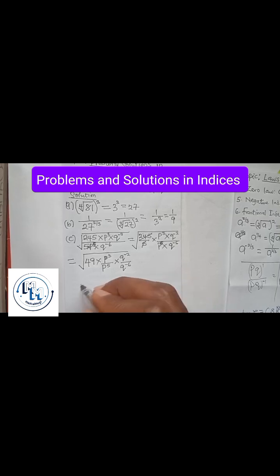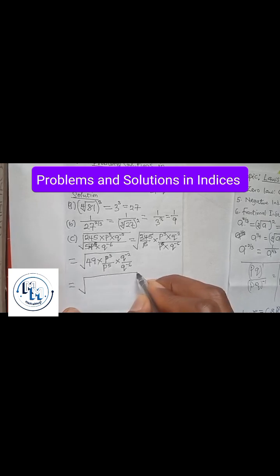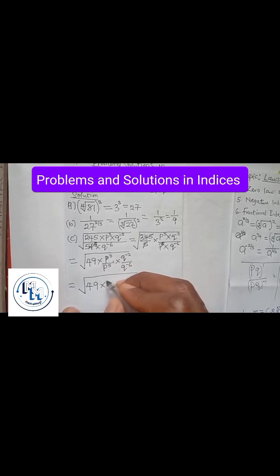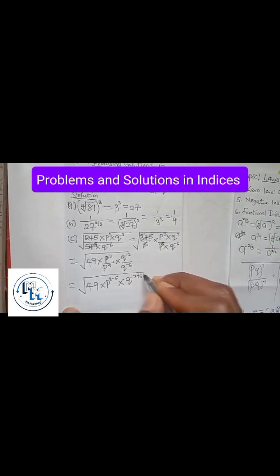Is that okay? Good. So I'm taking this step because I want you to really understand what was actually done. This here is something like saying p power 3 divided by p power 5. At this point, division law comes in, and this is going to be p power 3 minus 5 for this one, times the next one, q power minus 2, then minus minus 6, which becomes plus 6.